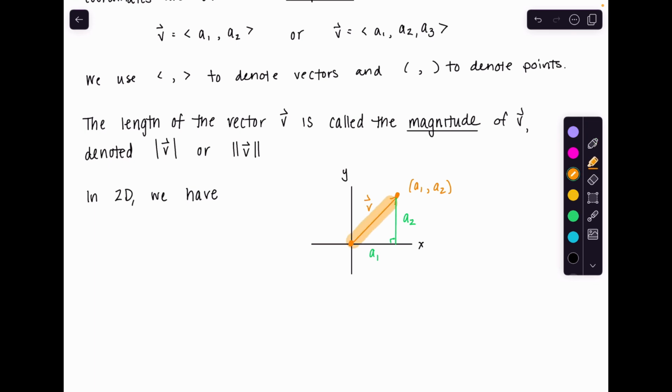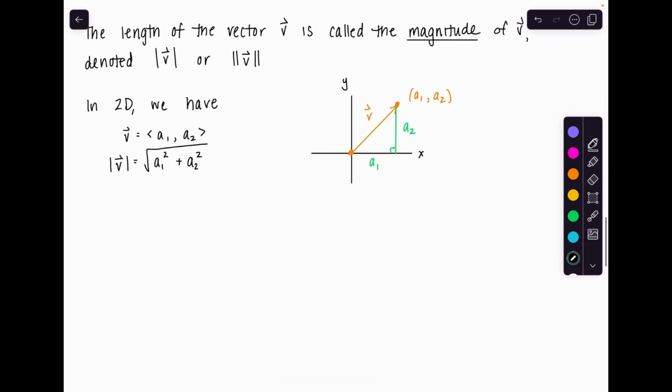The hypotenuse is the length, so we just take a square root. So in 2D, our vector v has components a1, a2, and the length or magnitude of v is you square each component, add them together, and take a square root.